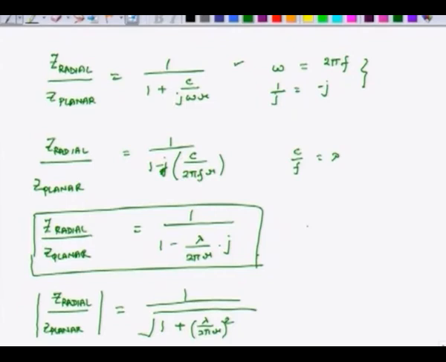So, this is my equation 5 and that is my equation 6.